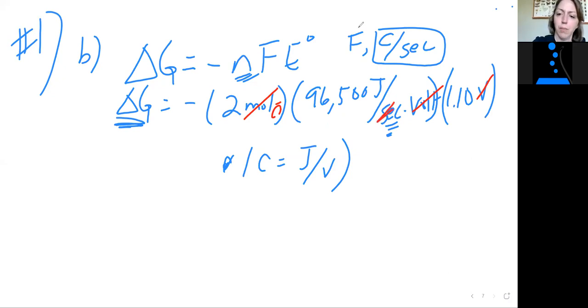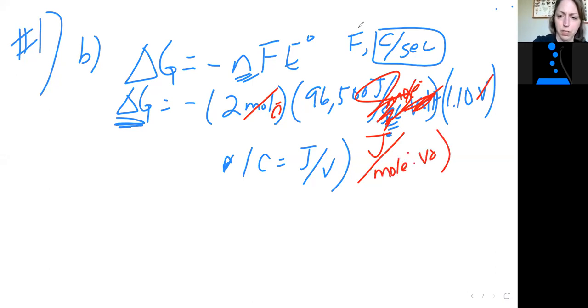I messed something up there. Okay, hold on a second. I'm losing my ever living mind here. Joules per mole of electrons per volt. So the volts cancel out with the volts, and the moles of electrons cancel out the moles of electrons. Sorry. And long story short, you're left with joules.